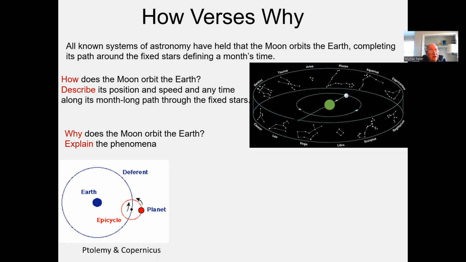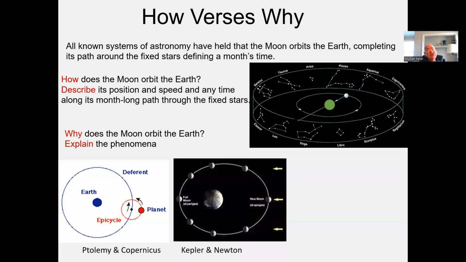The difference, of course, is Ptolemy would have the Earth in the center and Copernicus will have the sun in the center, but they use exactly the same mechanism of a deferent circle and an epicycle circle, where the planet, in this case the moon, would be on that epicycle circle, and as it would go around, you can see in your mind's eye, as the whole epicycle circle moves around the Earth following the deferent, and the planet goes around the epicycle, you will get this rather complex motion of the planet going around the Earth. And this is the explanation that we will study in detail and get some feel for.